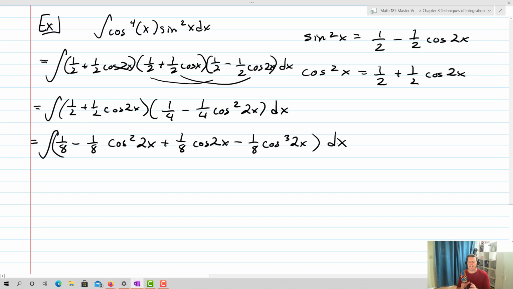So now I've actually got something that I can break apart. If you remember, when we work with integrals, we can actually integrate across addition and subtraction.